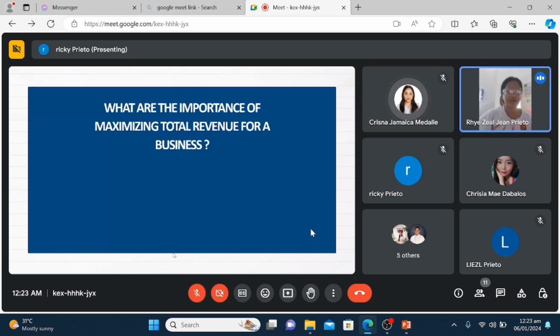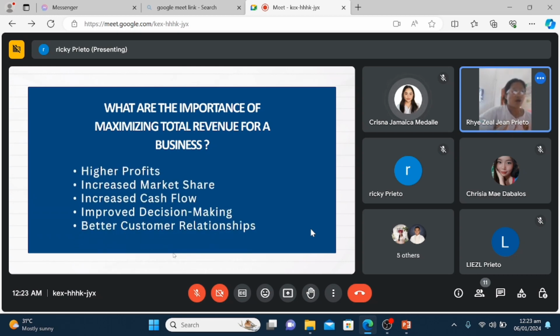All right, thank you for that. Correct. The importance of maximizing total revenue, class, is, first, higher profit. If you maximize your total revenue, it is possible to have a big profit. Second, it increases market share, increases cash flow, and improves decision making.